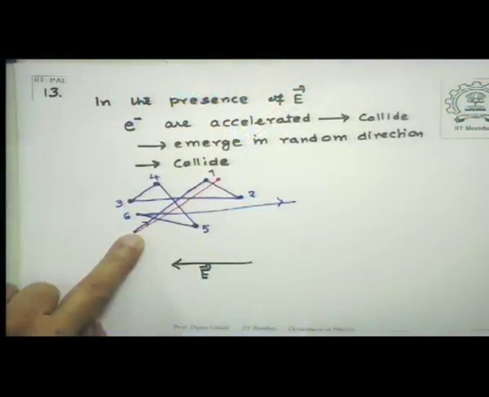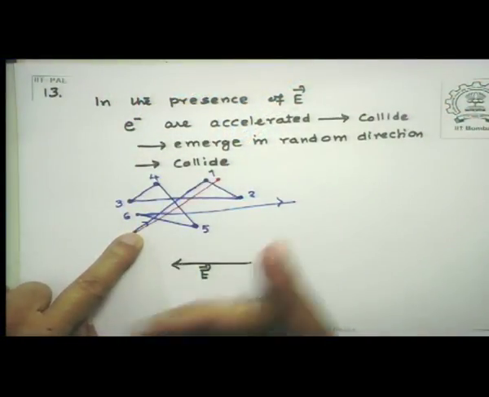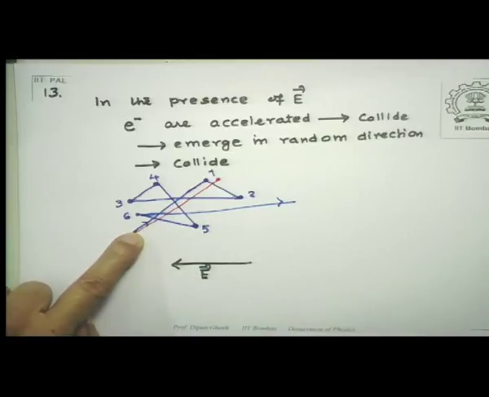So it is very similar to what happens to a projectile when you throw it in an arbitrary direction with gravity in a particular direction. So you know that the trajectory is a parabola. But the only problem is that in this case my electron velocities are very large and the electric field that I apply is not that bad.